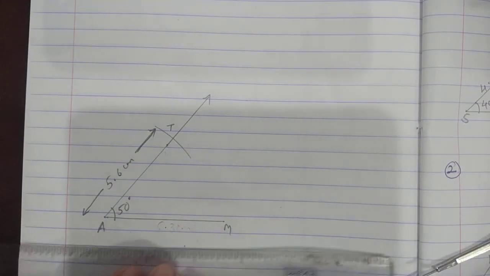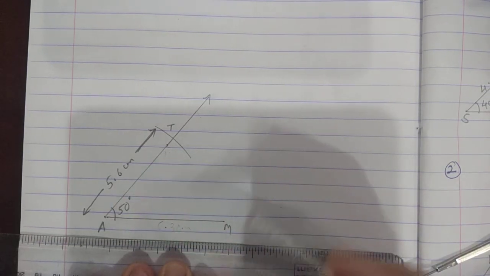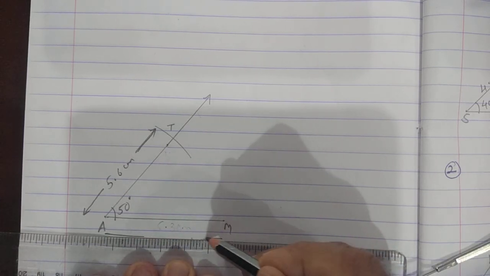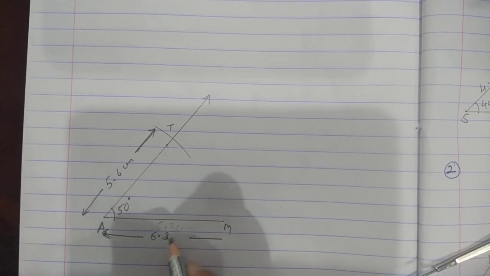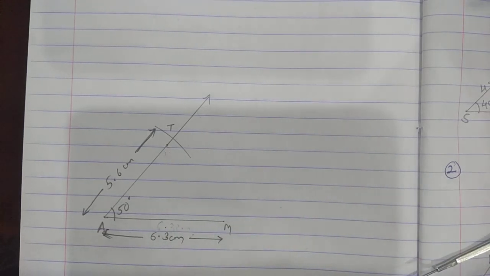So since it is inside, we require space for writing the name of the triangle here. So that's why, I forgot to tell you, please erase 6.3 and write it a little bit below and show arrow mark.